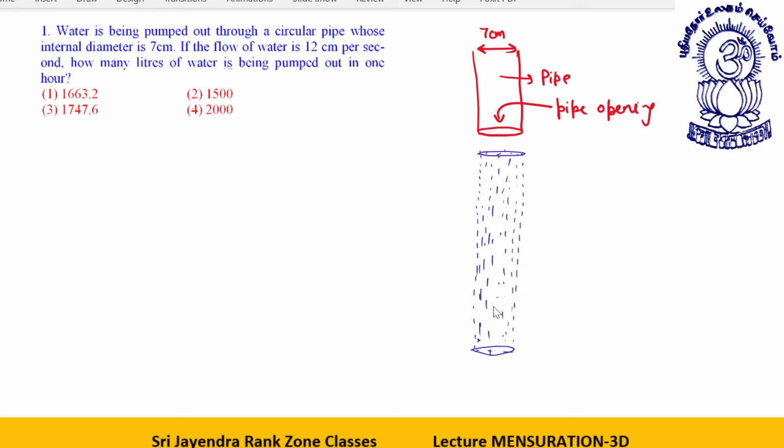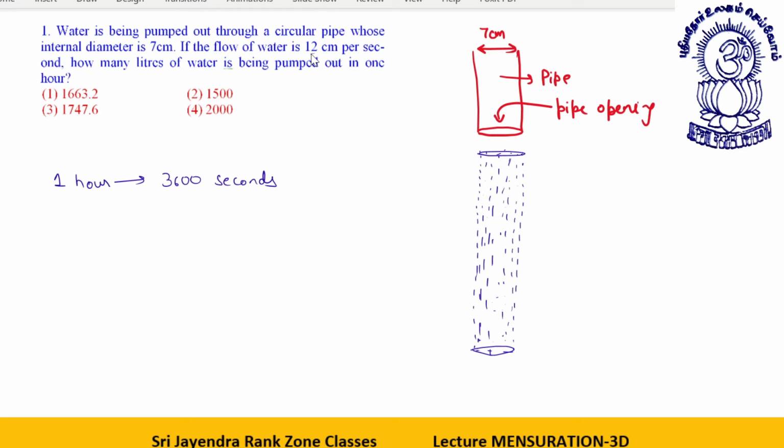Okay, this is the water coming from the pipe. Now, how will you calculate its volume? Let's say this flows for 1 hour. 1 hour means 3600 seconds. Okay, the water flows for 3600 seconds.